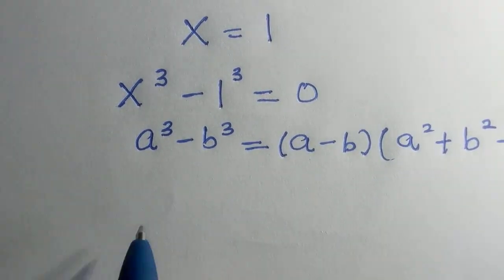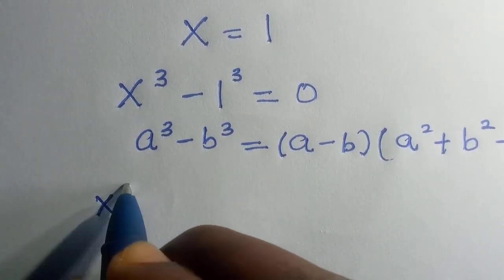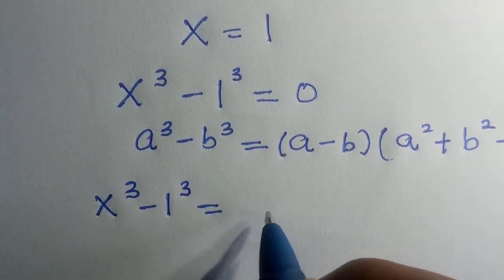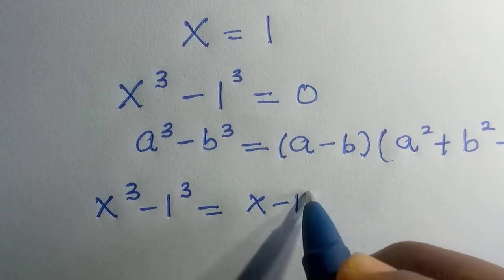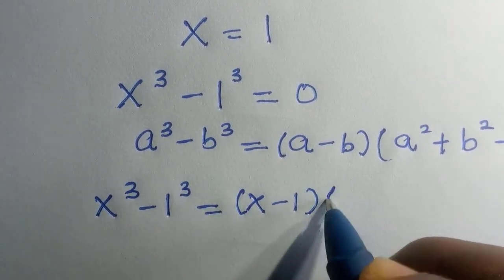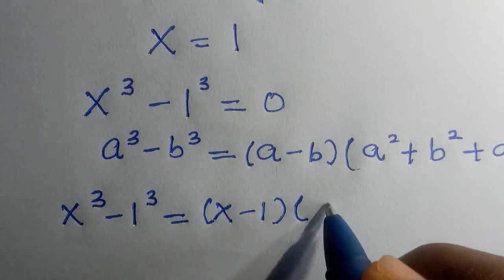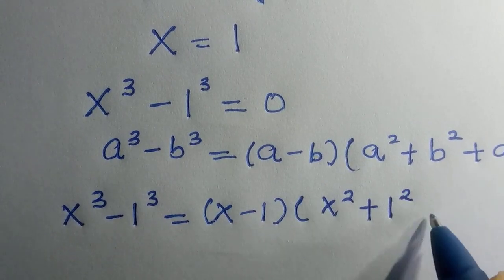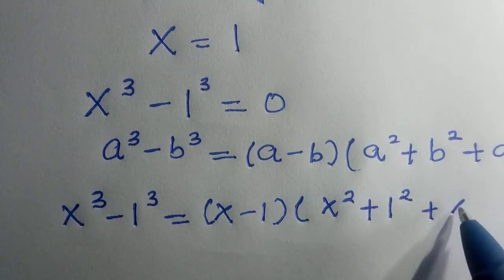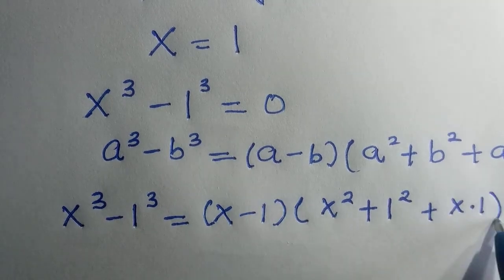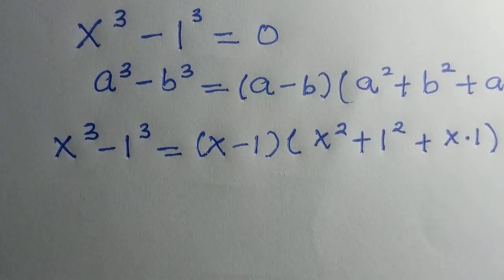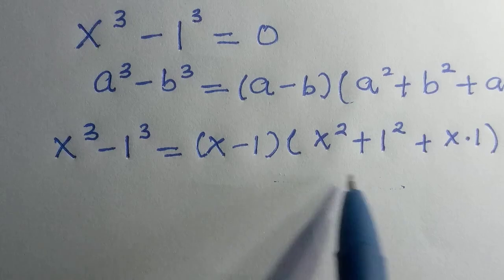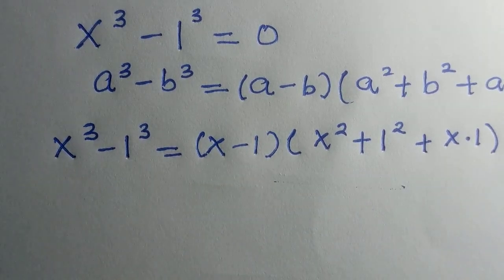By substituting for x to the power of 3 minus 1 to the power of 3, it gives x minus 1, close bracket, open bracket, x squared plus 1 squared plus x multiplied by 1. Since x cubed minus 1 cubed equals 0, definitely the whole of this also equals 0.